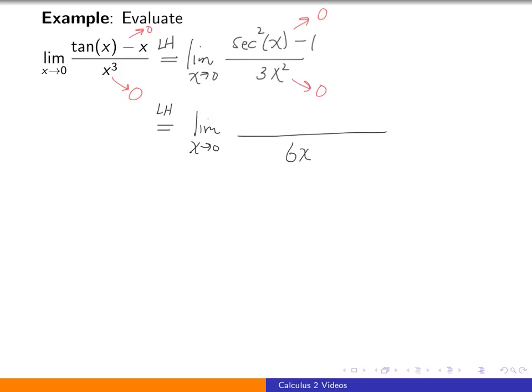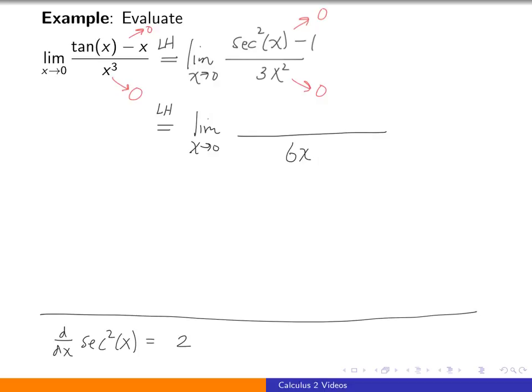In the top, to differentiate secant squared, we need to use the chain rule. And I'm going to go ahead and just write down that derivative below. So the derivative of secant squared by the chain rule, the 2 comes down front, the new power of secant is 1, and then we multiply by the derivative of secant, secant tangent.